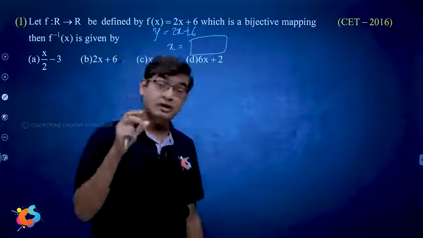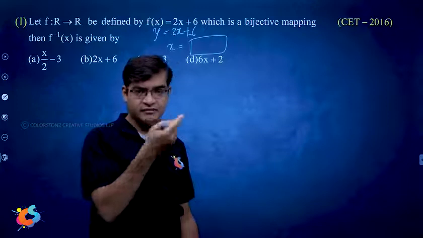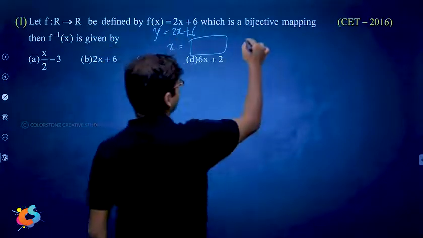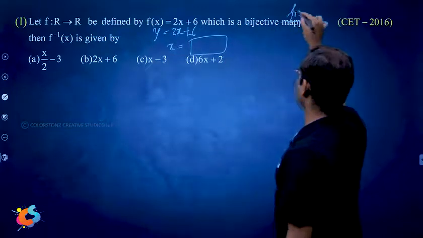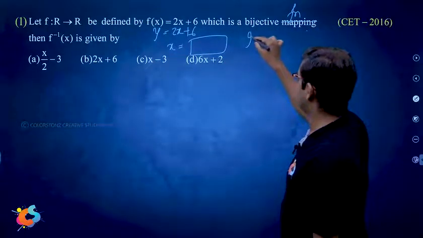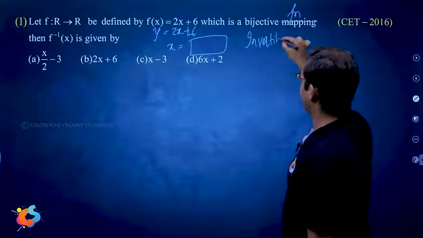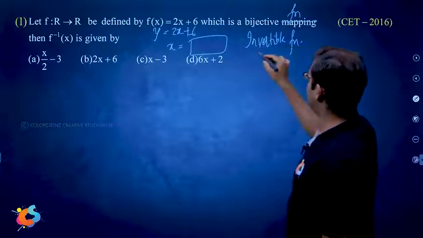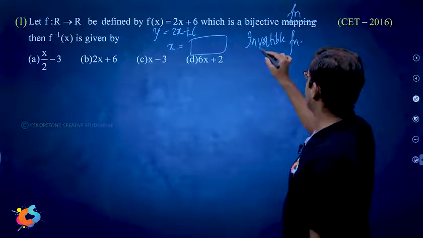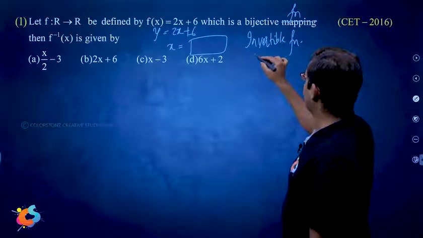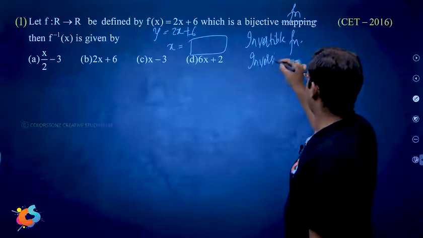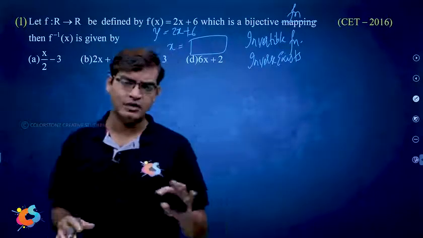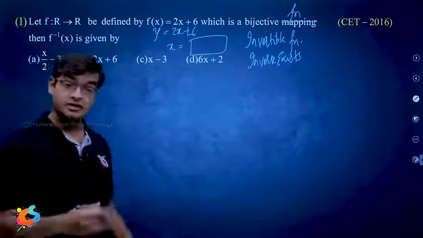In the question itself, if it is given as bijective function, bijective mapping, invertible function, or inverse exists, all of them say that you need not check for 1-1 and onto again. But if these are not there, then we have to check.